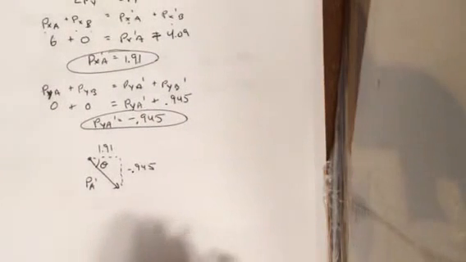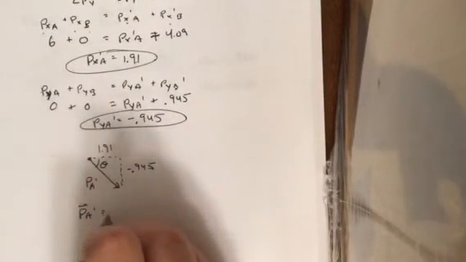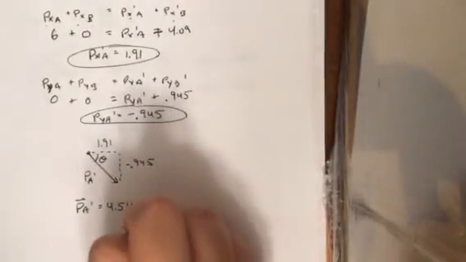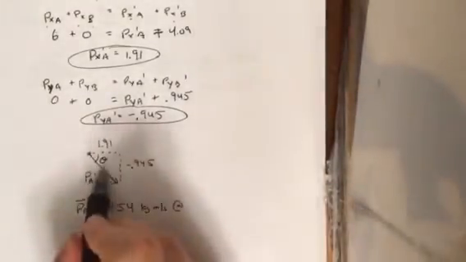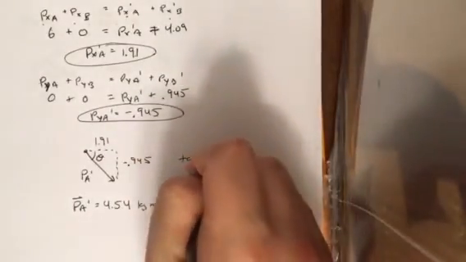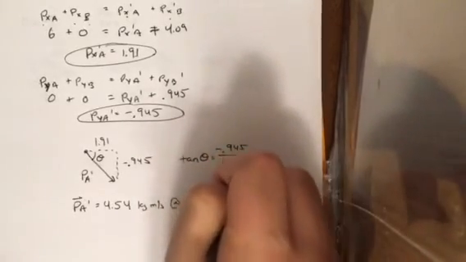So magnitude, we can just be doing Pythagorean theorem here. So 1.91 squared plus 0.945 squared. I get that PA prime equals 4.54. And again, that unit is kilogram meter per second. And then the next thing we need is a direction. So if I just do SOHCAHTOA again, we know tangent of theta equals the opposite over the adjacent.